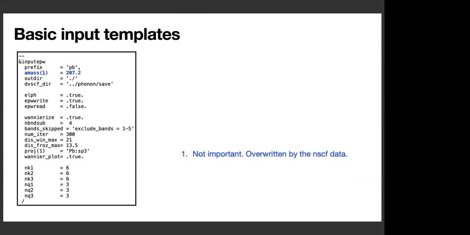The next one is the amass keyword, but you can ignore this amass input keyword since it is totally overwritten by the previous data from the NSCF calculation. This means that you can safely ignore this input.